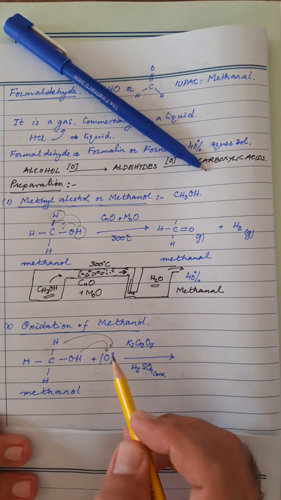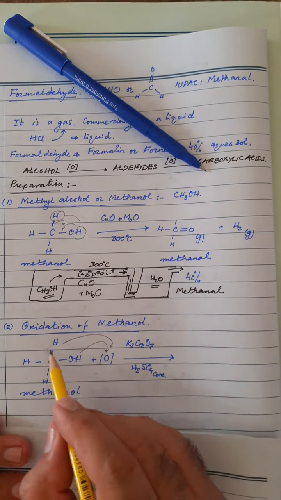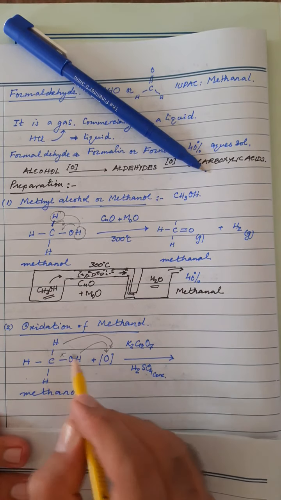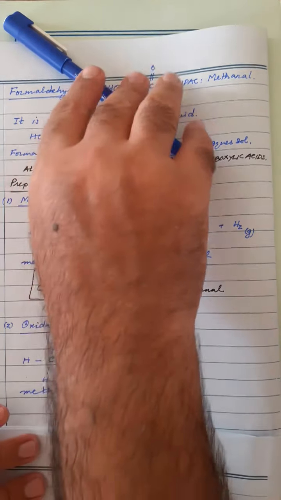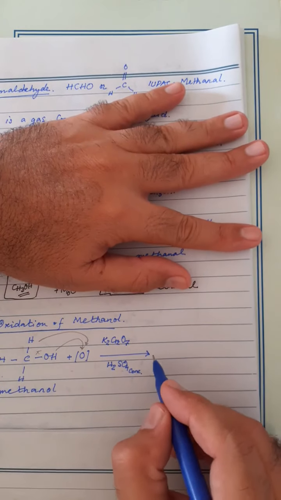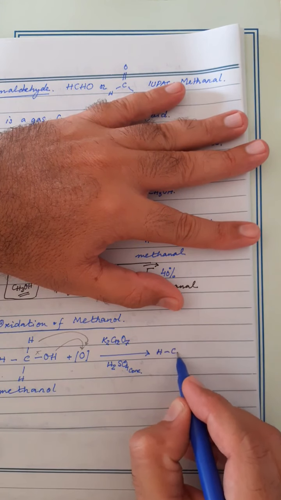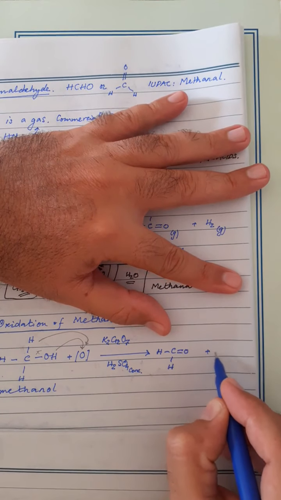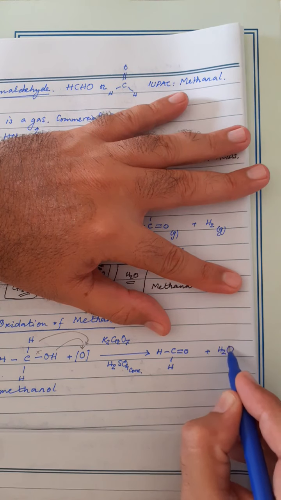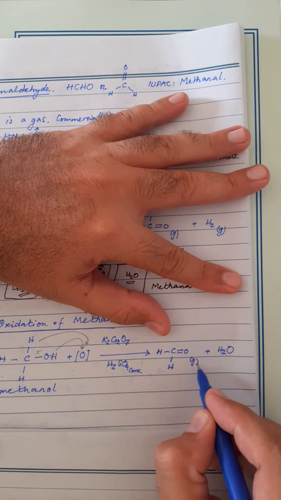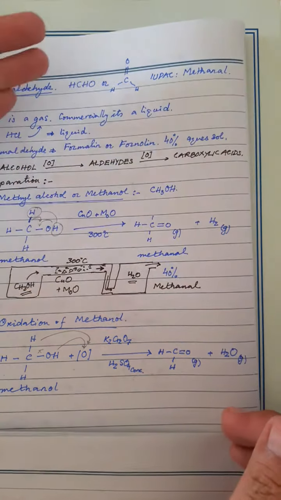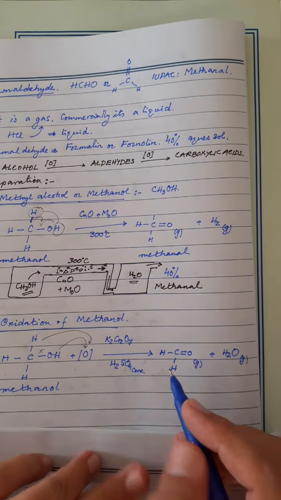So when they go, these two bonds will make a pi bond here. So it will become HC double bond O and H, plus H2O. Again, it's a gas because it's hot, but then condensed, and then you make the methanol.